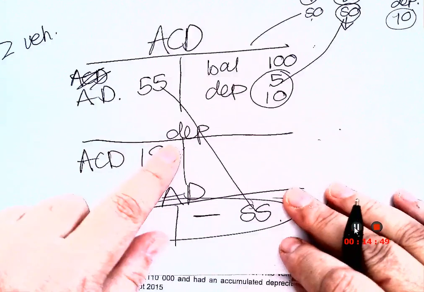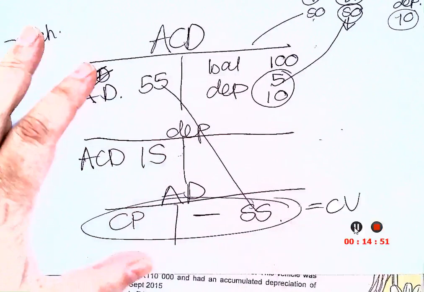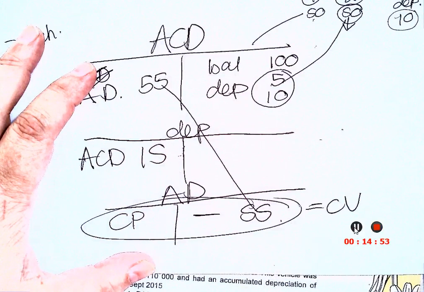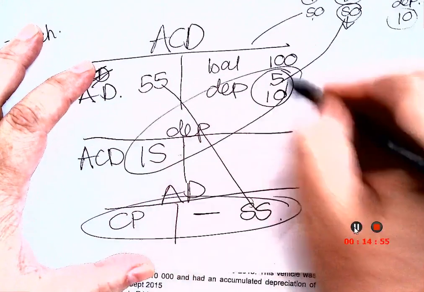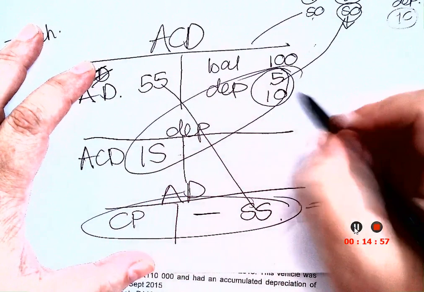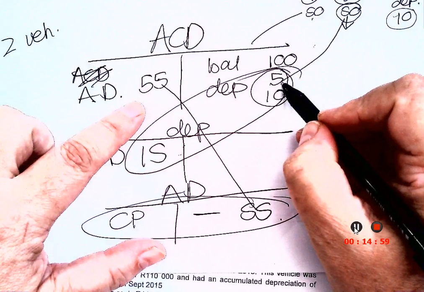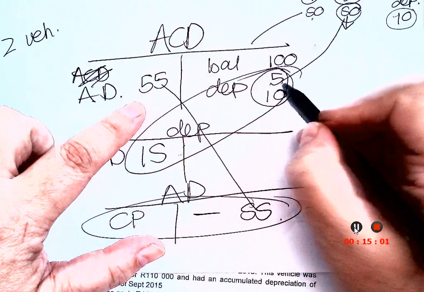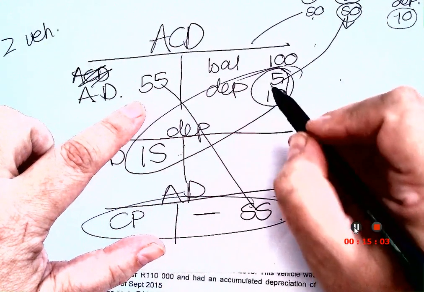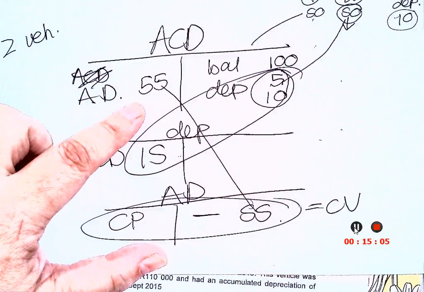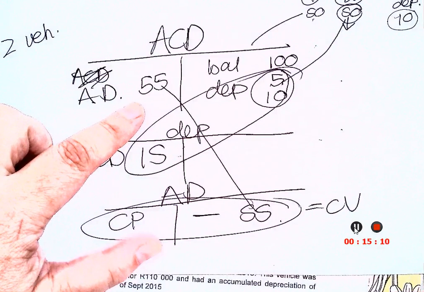But the depreciation, I want to see my expense of depreciating for this year. And because I sold this vehicle, I didn't calculate the whole year. I only calculated for the months I've had the vehicle. Does that make sense? Are you fine now? You sure?